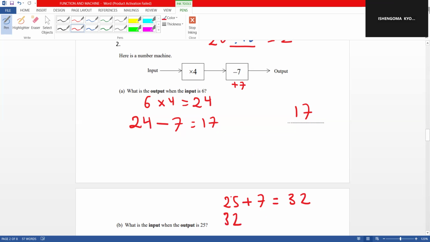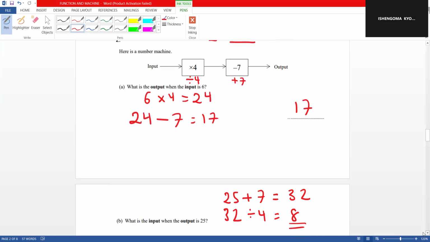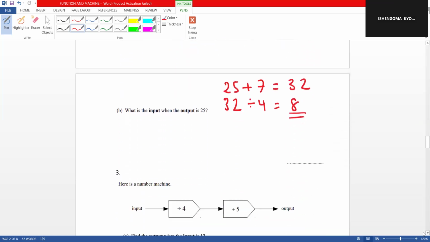Then this 32, go back to your machine. Instead of multiply by 4, do the opposite, divide by 4. So I'll divide by 4 and I'll get 8. So here I have obtained my input for B, and my input will be 8.